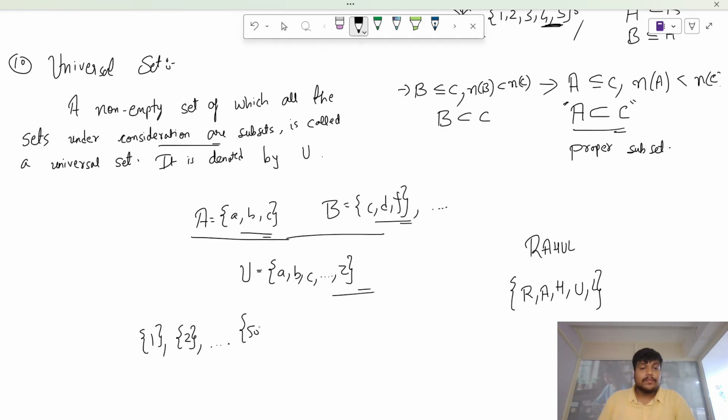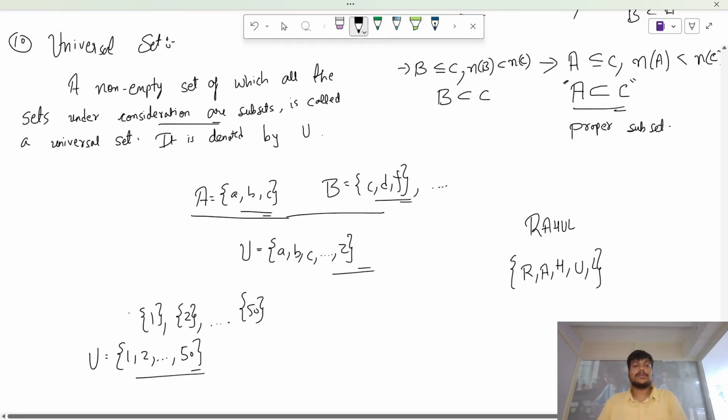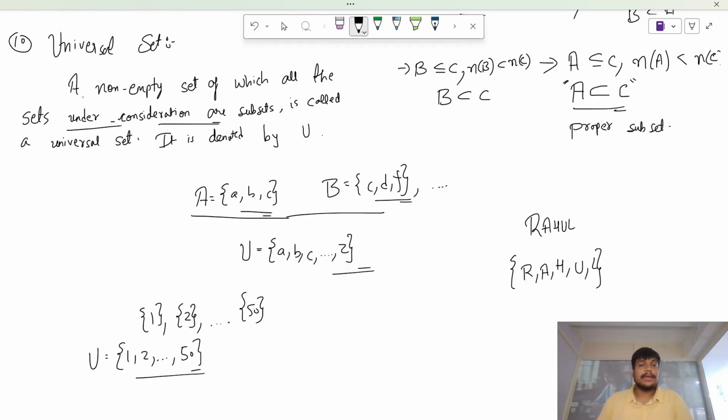Then I would have 50 singleton sets. If I take a set which contains all the numbers from 1 to 50, then that set could be my universal set. Yes, it could be, because all the subsets are now inside the universal set, and I denote it by capital U. This is what we use to denote the universal set. So this was universal set.